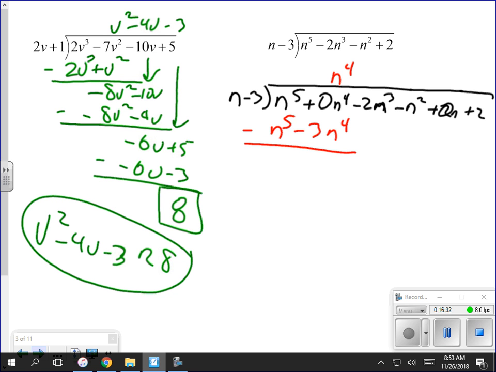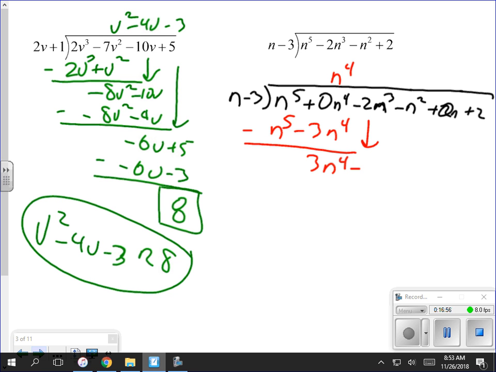N to the 5th minus n to the 5th is 0. 0 n to the 4th minus negative 3n to the 4th gives me positive 3n to the 4th. Watch your positives and negatives when you're doing your subtracting. Once again, an area that students often mess up in.